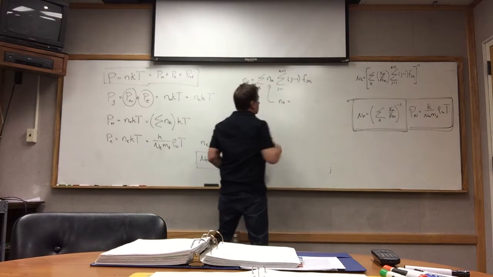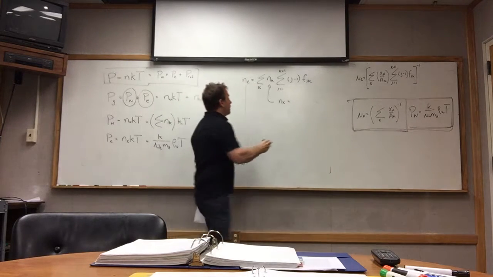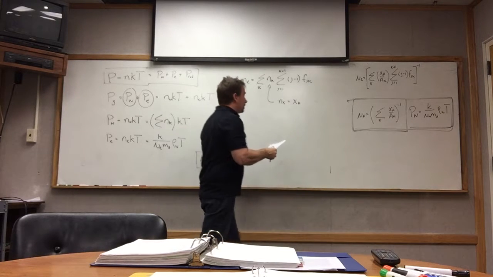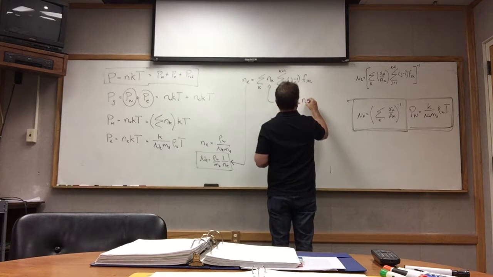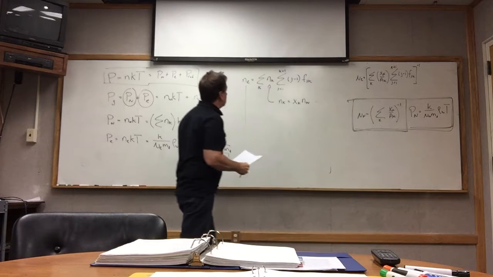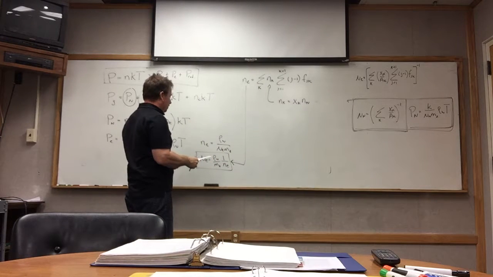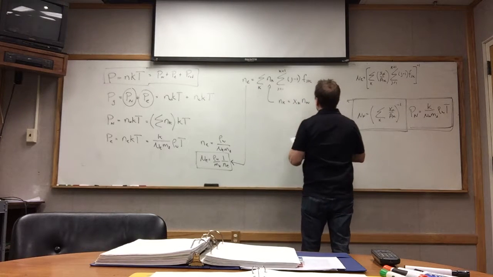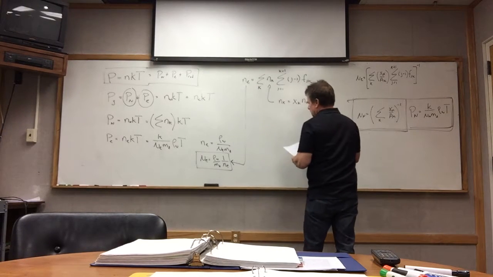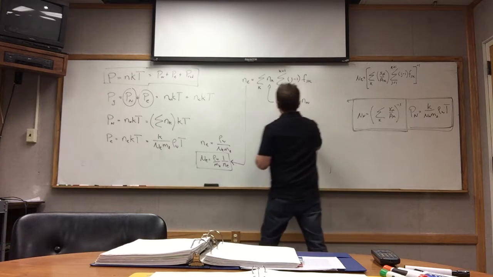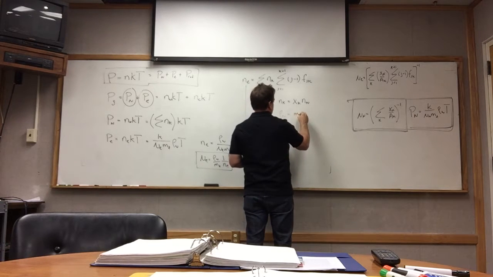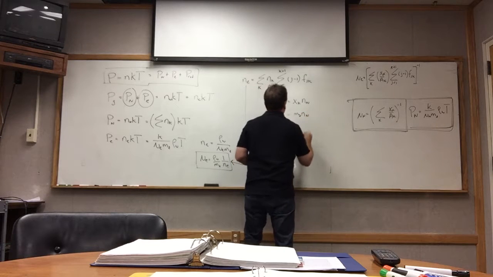What does Nk equal? Okay. So you have an xk and n. All right. And rho n equals ma n.